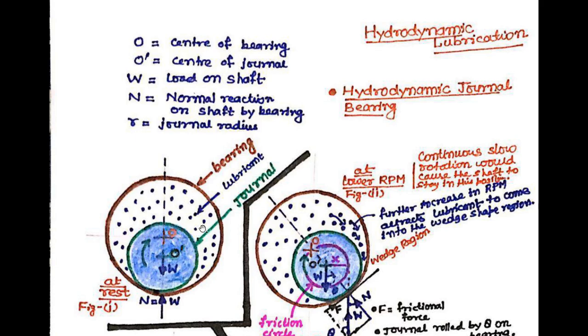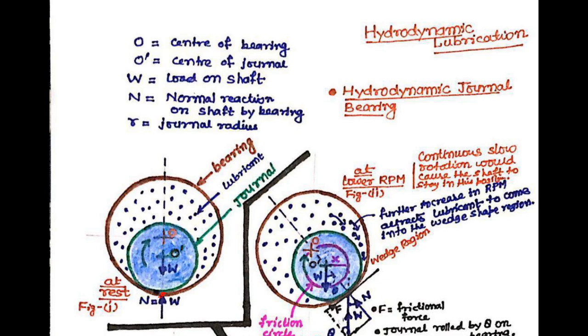This is the system of journal and bearing at rest. It means at rest the journal or shaft is resting on the bearing. Means the point of contact occurs here. This is the point of contact at rest.